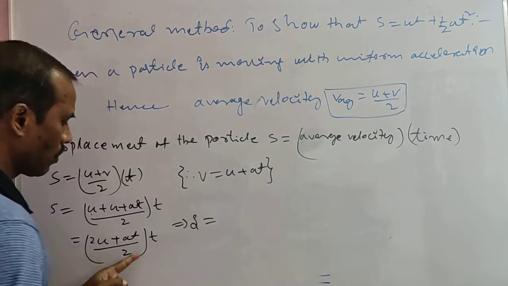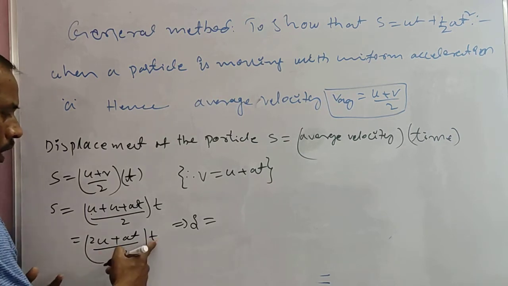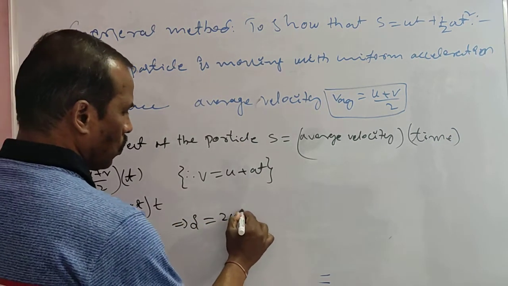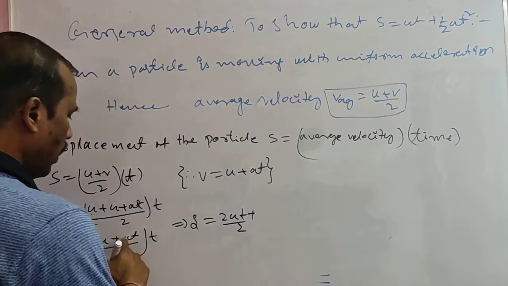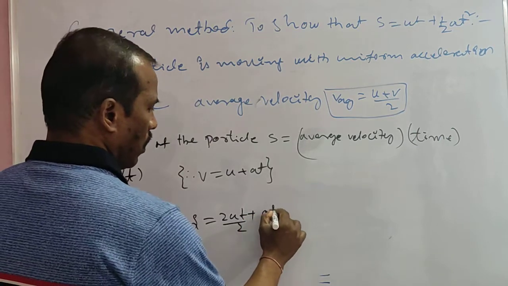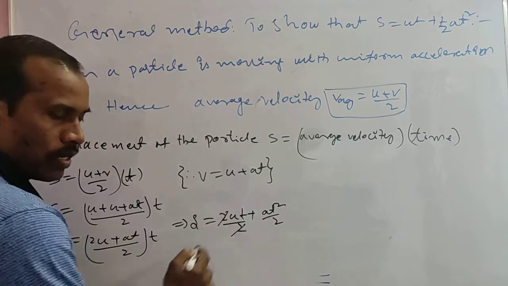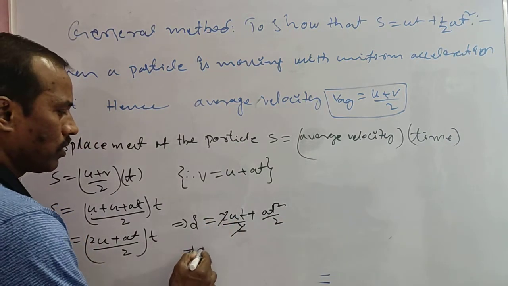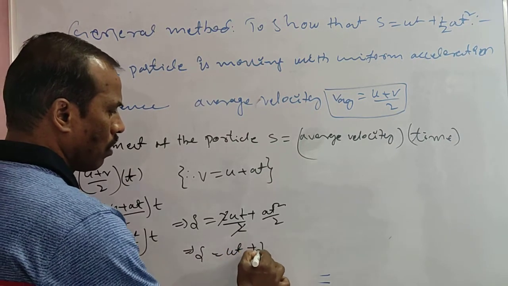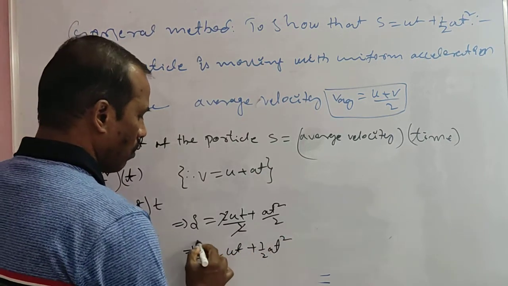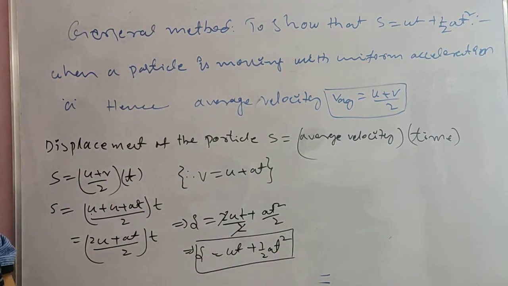Simplifying, multiplying t inside, we get 2ut by 2 plus at square by 2. The 2s cancel, and the remaining terms give s is equal to ut plus half at square. This is the general method.